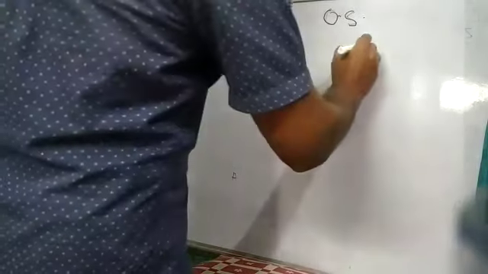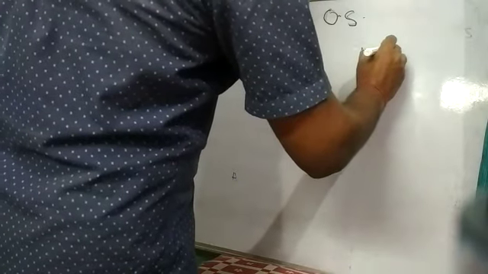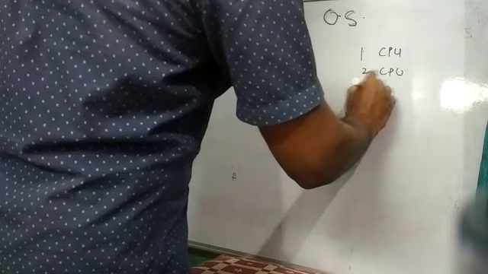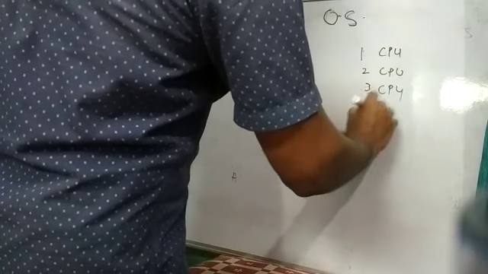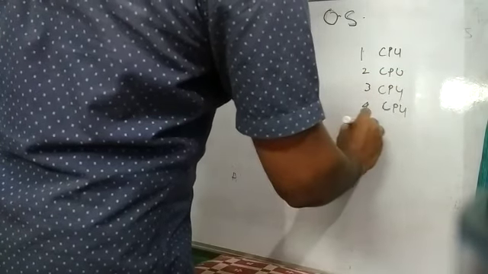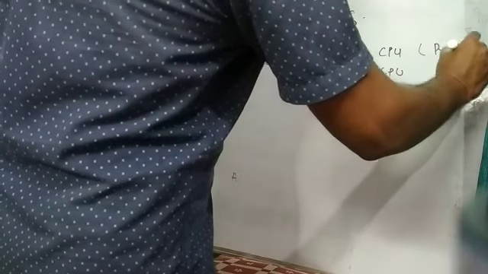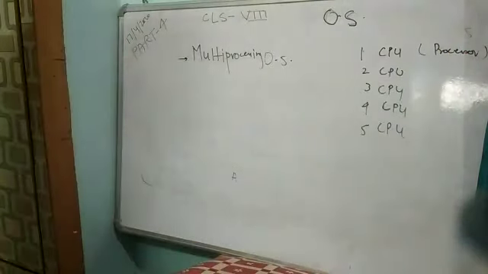A machine can have 1, 2, 3, 4, 5 CPUs. CPU is a processor.